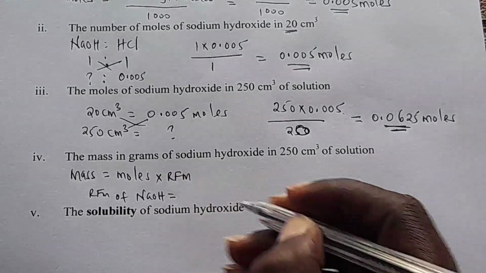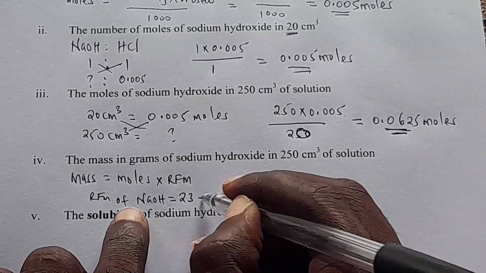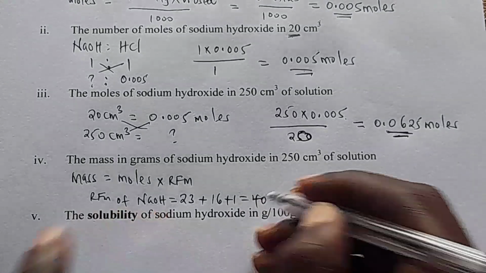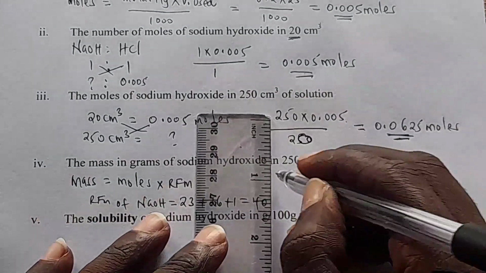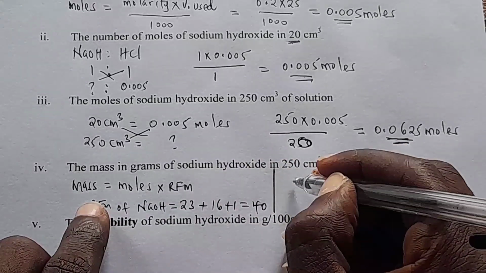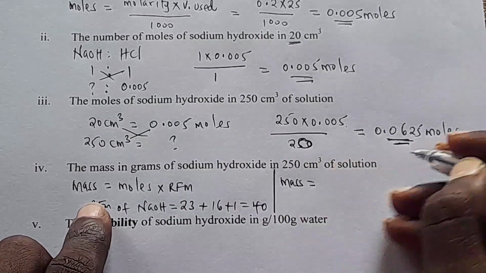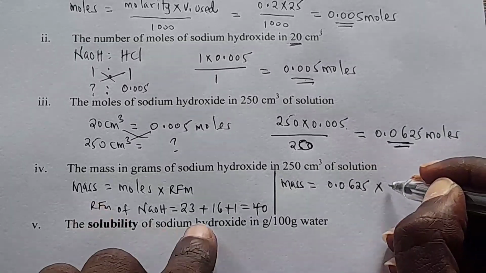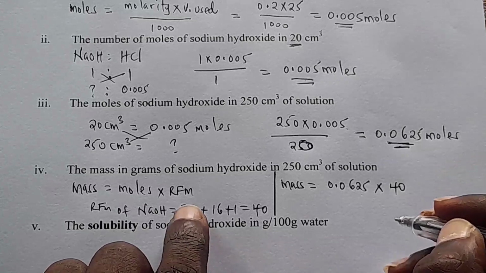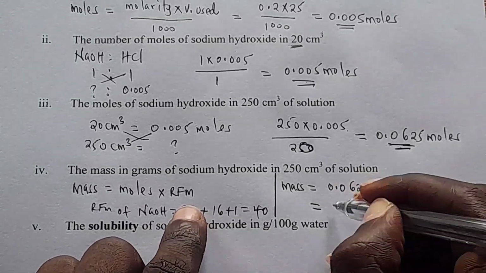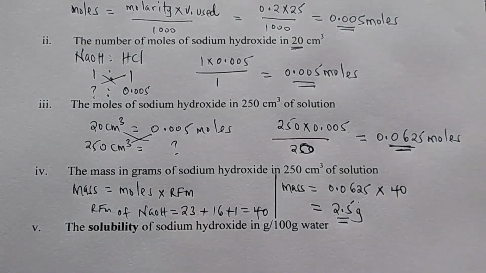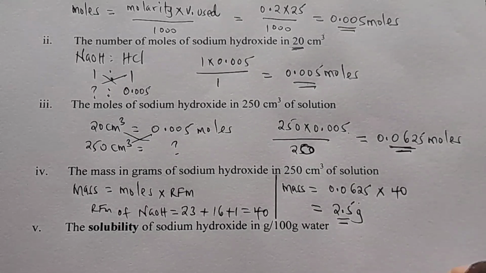The RFM for sodium is 23, plus that of oxygen is 16, plus that of hydrogen is 1. This will give you 40. Using this formula, mass is given by moles, which is 0.0625, multiplied by 40, the relative formula mass of sodium hydroxide. Here we are going to get 2.5 grams. So that's the mass of the sodium hydroxide in 250 centimeter cube of solution.